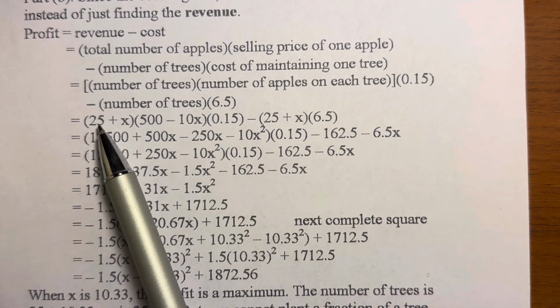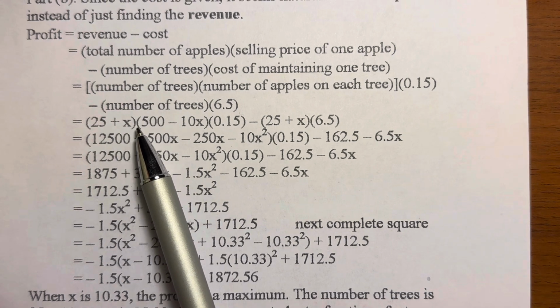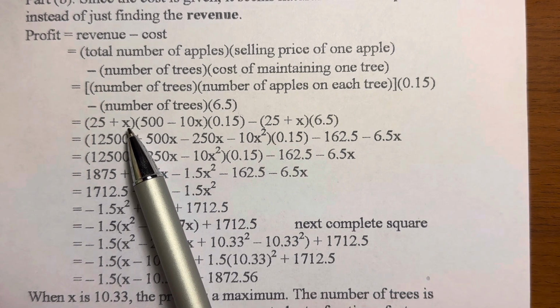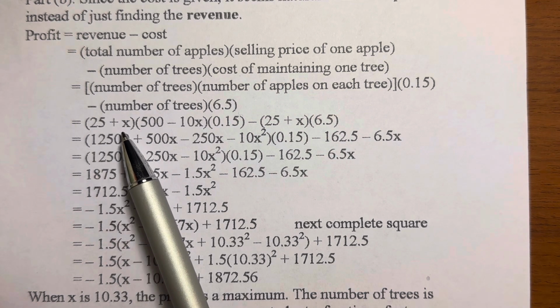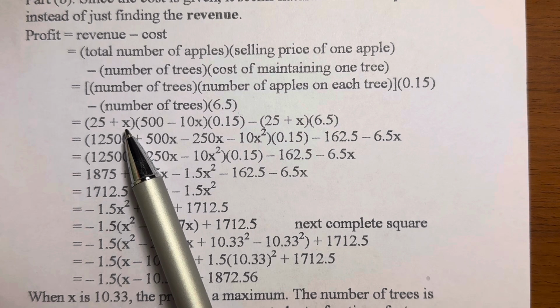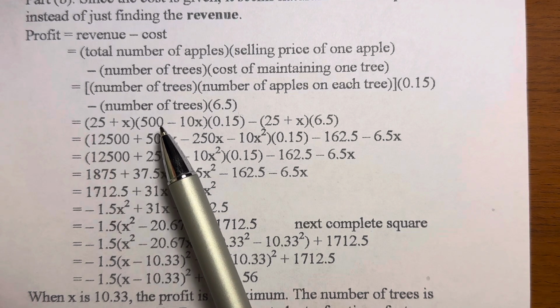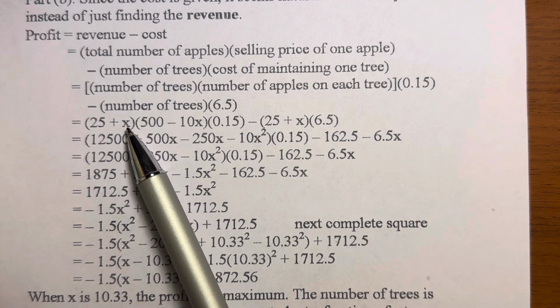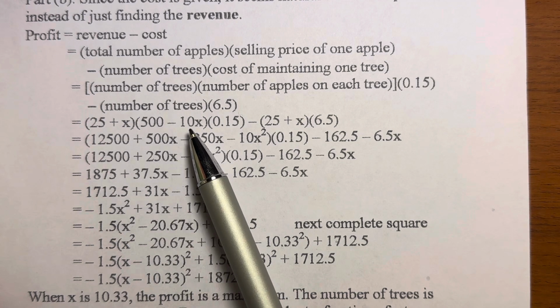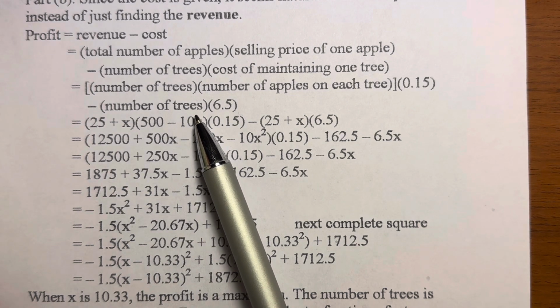So the number of trees is 25 plus X, because you want to consider planting more trees than just 25. So how many more? You use X to represent it. X more trees than 25. If it's 25, you have 500 apples. For each additional tree, you deduct 10 apples.